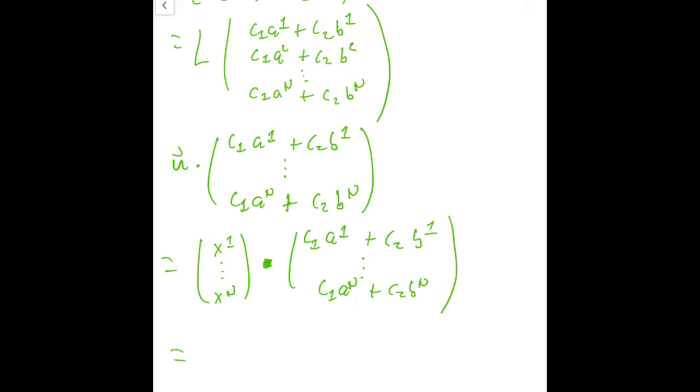By the definition of the dot product, this is x1 times (C1 A1 plus C2 B1) plus, we'll leave out all of the middle terms, of course, they're there, we're just not writing them all, plus xn times (C1 An plus C2 Bn).